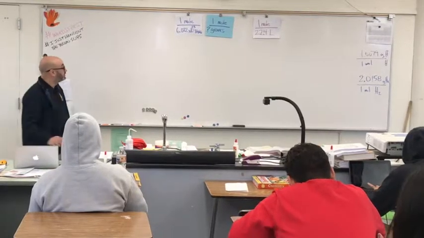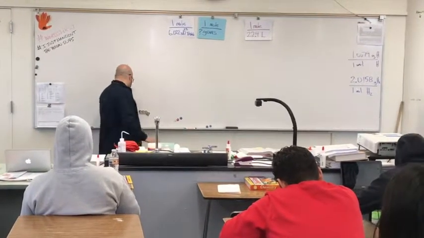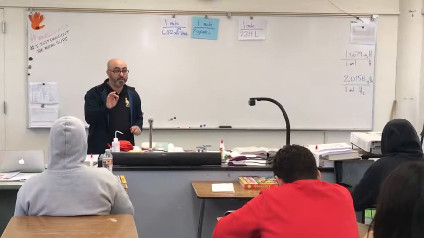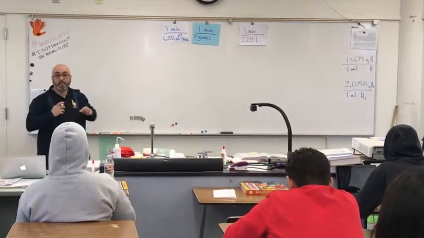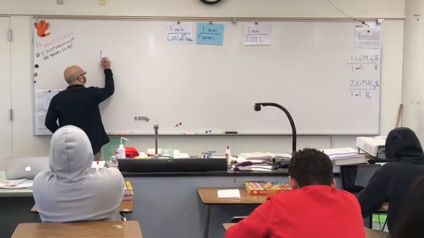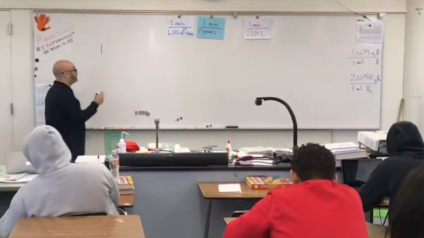All right. So, ladies and gentlemen, just to recap, when we're doing dimensional analysis problems, what are the steps? What's step number one? Start with what you're given and put it over one. Right, very good.